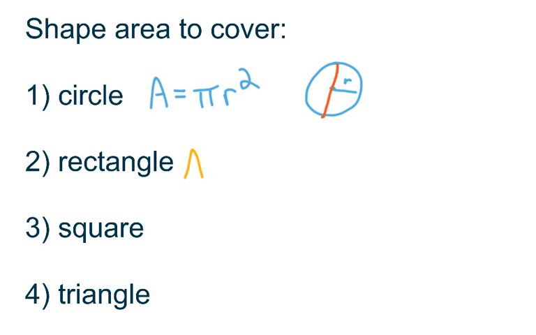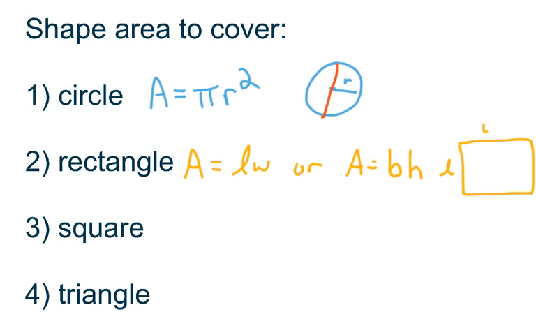Area of a rectangle. There's probably 2 different ones that you guys are familiar with. Length times width, or you can call them base and height. Doesn't really matter. With a rectangle though, here's my rectangle. Let's say this is the length and this is the width, we just need to multiply those together. Super simple.